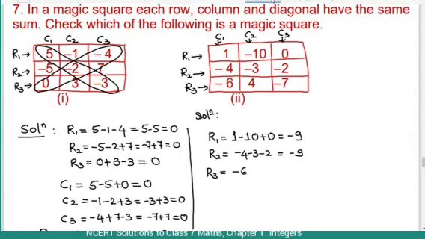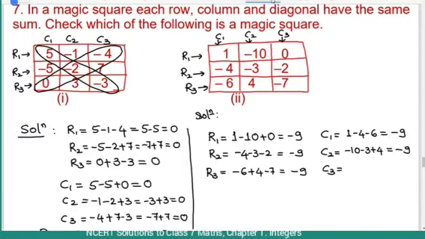Third row, minus 6 plus 4 minus 7, that is also equal to minus 9. Now columns, C1 is equal to 1 minus 4 minus 6, which is equal to minus 9. C2 is equal to minus 10 minus 3 plus 4, that is equal to minus 9. C3, 0 minus 2 minus 7, which is equal to minus 9.